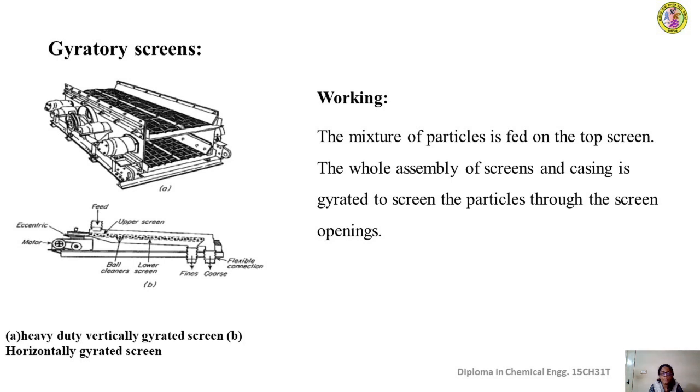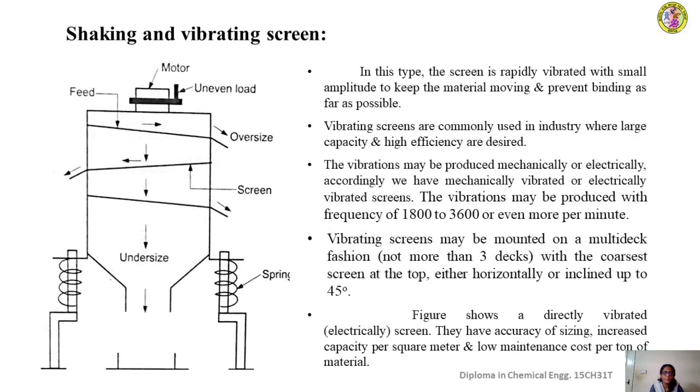Through the respective discharge ducts, each fraction can be taken out as a product. The same operation is seen in the horizontally gyrated screen also, but here the gyration direction is horizontal instead of vertical. That is how a gyratory screen works.